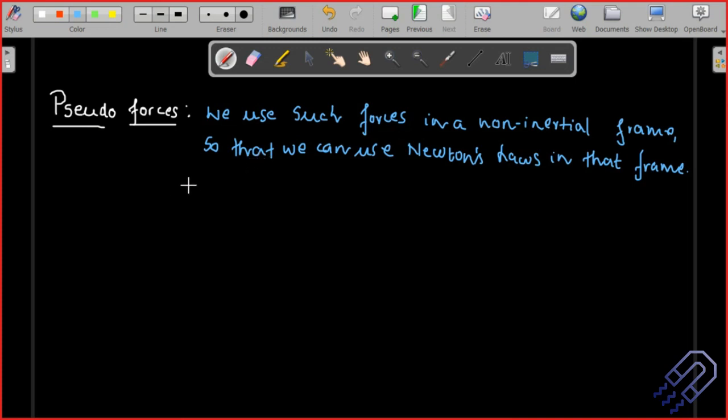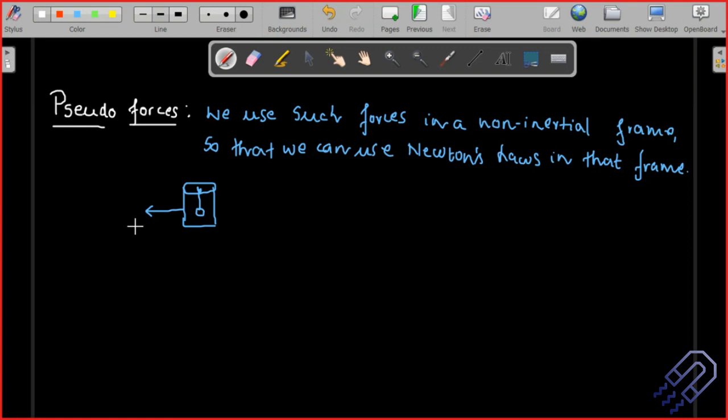I can give you some examples of pseudo force. Let's say you have a jar, and you tie a thread here and hang a ball inside this jar. Maybe you are applying a force in this particular direction.